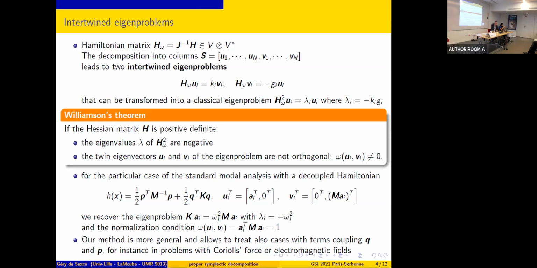But it's possible, of course, to eliminate one of the two eigenvectors, for instance V, and we can transform it into a classical eigenproblem where the matrix is the square of H omega and the eigenvalues lambda are minus K times G.